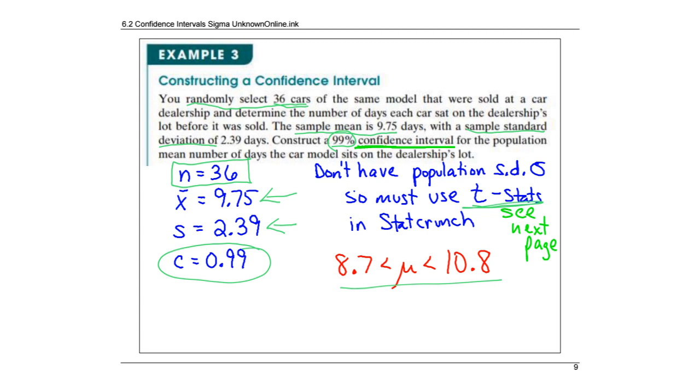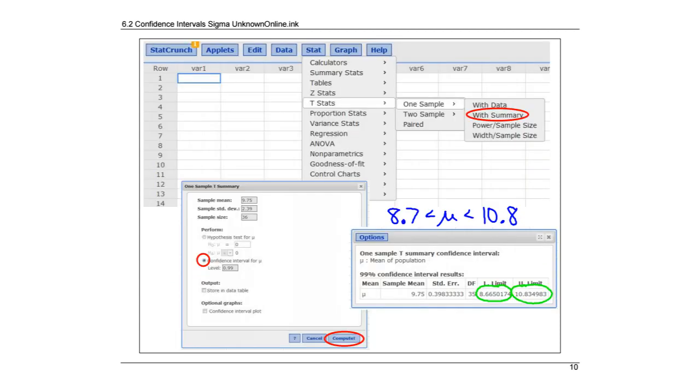So let's take a look at the next page. I'm going to go to Stat, come down to T Stats, go over to One Sample, and finally With Summary. Then I'm going to put my sample mean in, that's 9.75, my sample standard deviation, and my sample size of 36.